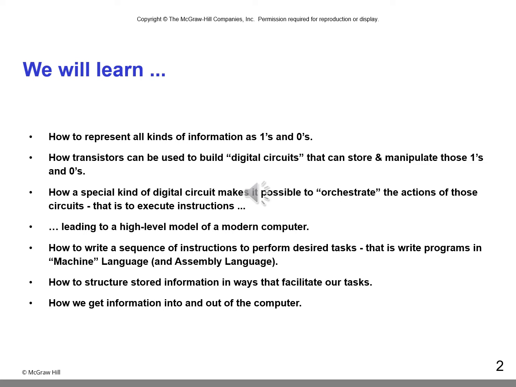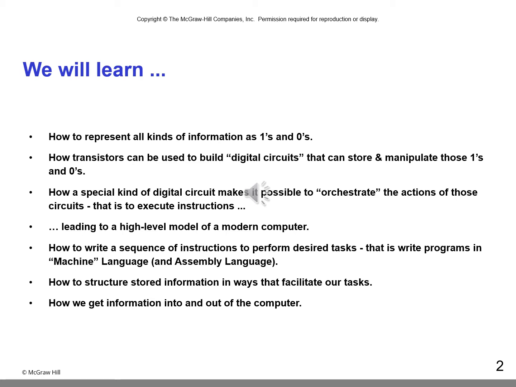We will also learn how transistors, the smallest building block of an electronic computer, are used to build digital circuits that store and manipulate ones and zeros. How a special kind of digital circuit makes it possible to orchestrate the actions of those circuits. In other words, to execute instructions. And ultimately, that will lead to the definition of a high-level model of a modern computer.